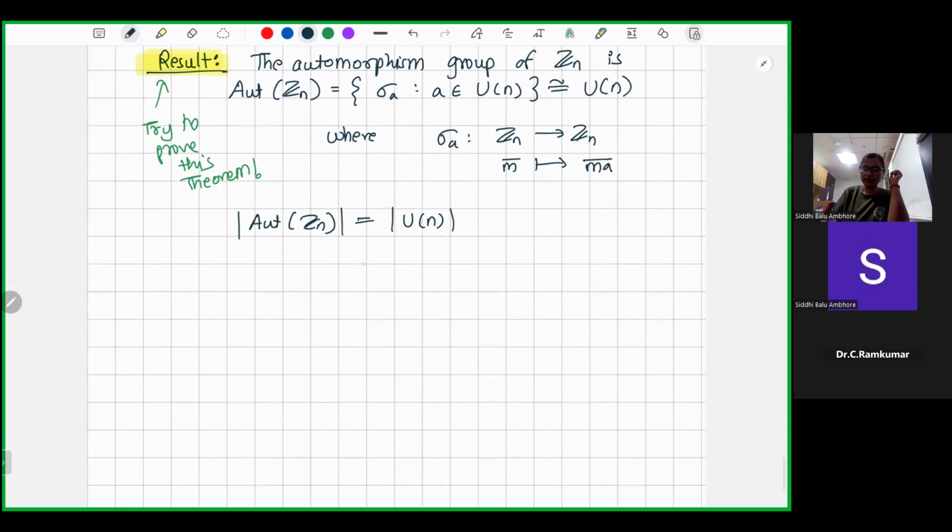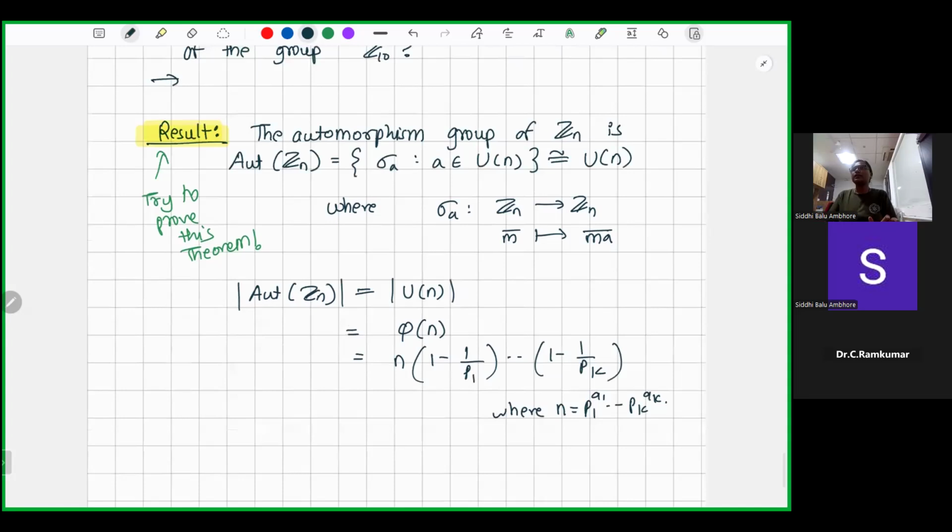And we know that the cardinality of Un is phi of n, that is n times (1 minus 1 by p1) up to (1 minus 1 by pk), where n is equal to p1 power a1 up to pk power ak.